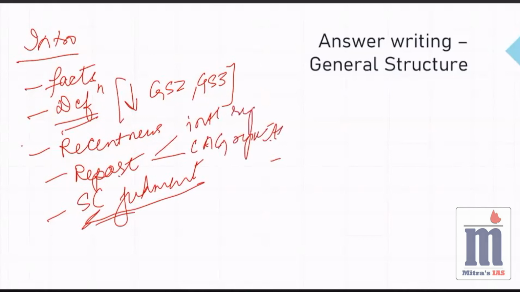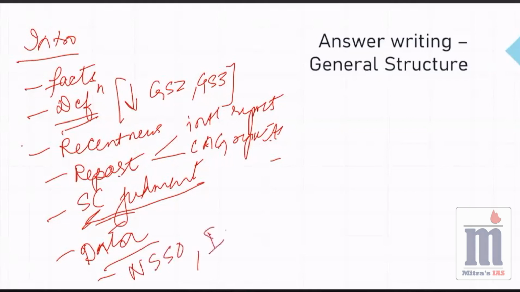Or some general data, like how many people are there in agriculture. You can start with that general data. There are many bodies which give reports, such as NSSO, ILO, WHO. So you can give reports of these bodies. You can focus on your national bodies also.